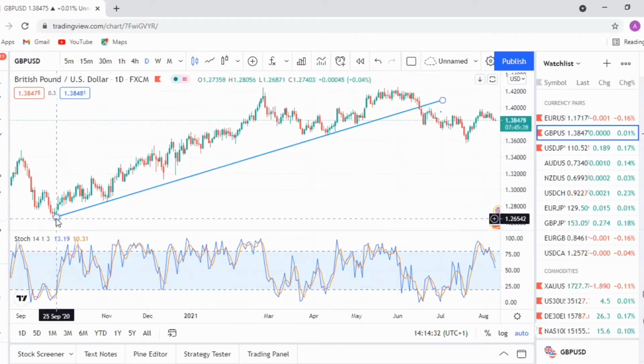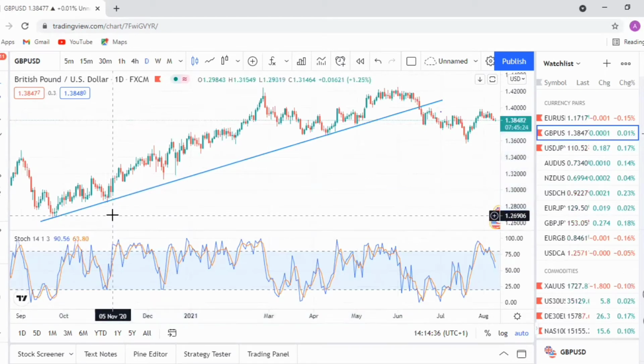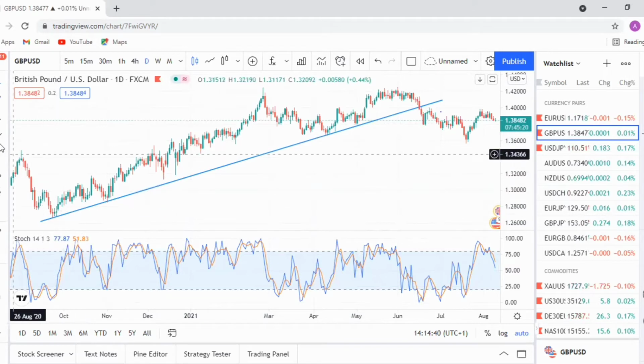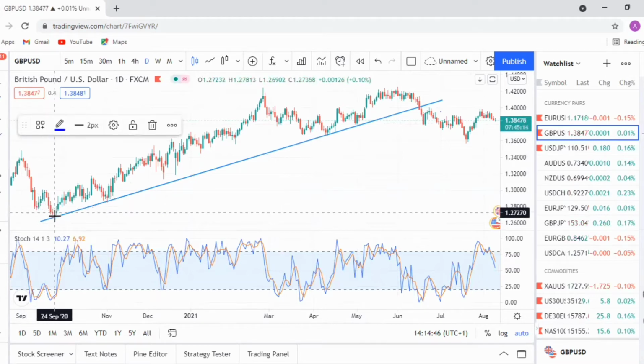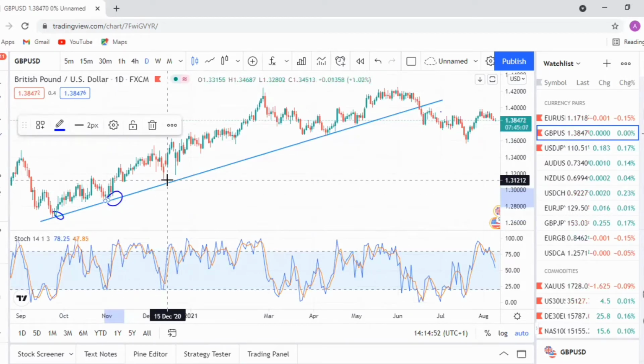Now on the stochastic, you agree with me that for a trend to be confirmed, you need at least 2 touches. Now, this is one touch, this is 2 touch, and this is the 3rd touch here, this area here.